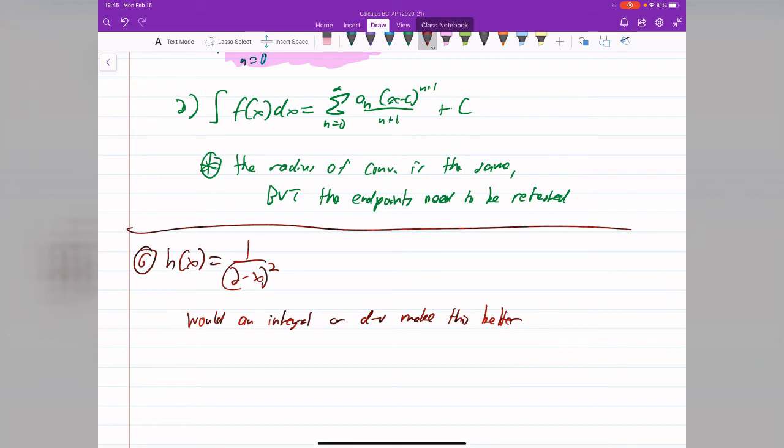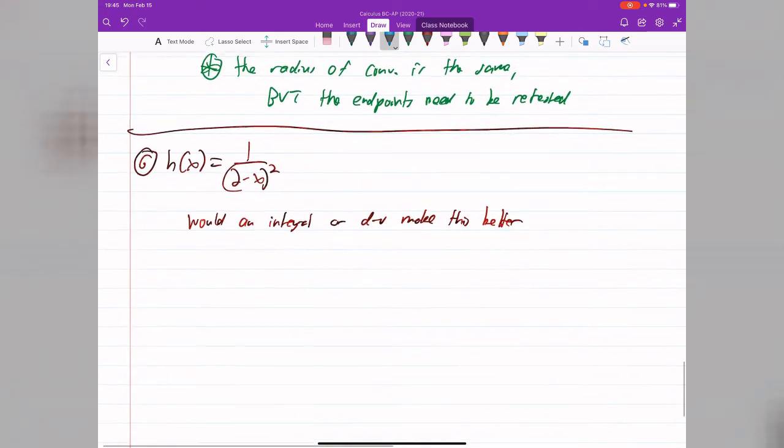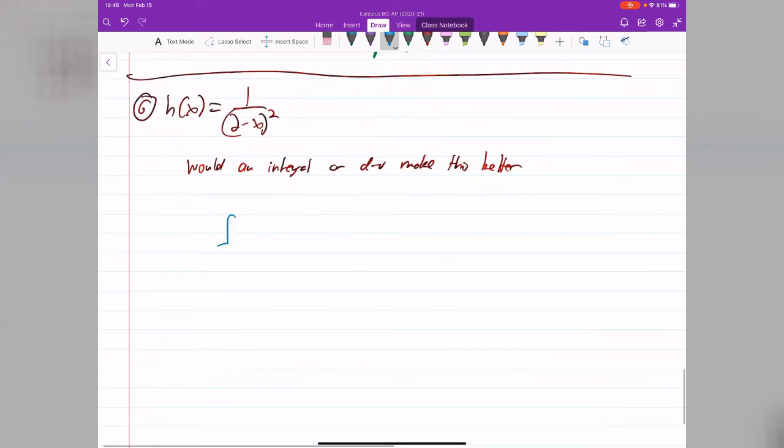So if I do an integral of this, let's do the integral of 1 over (2 minus x) squared dx. The fact that it's (2 minus x) squared means it's the same thing as (x minus 2) squared, since that's an even function property, or just think of factoring a negative 1 out and squaring it.